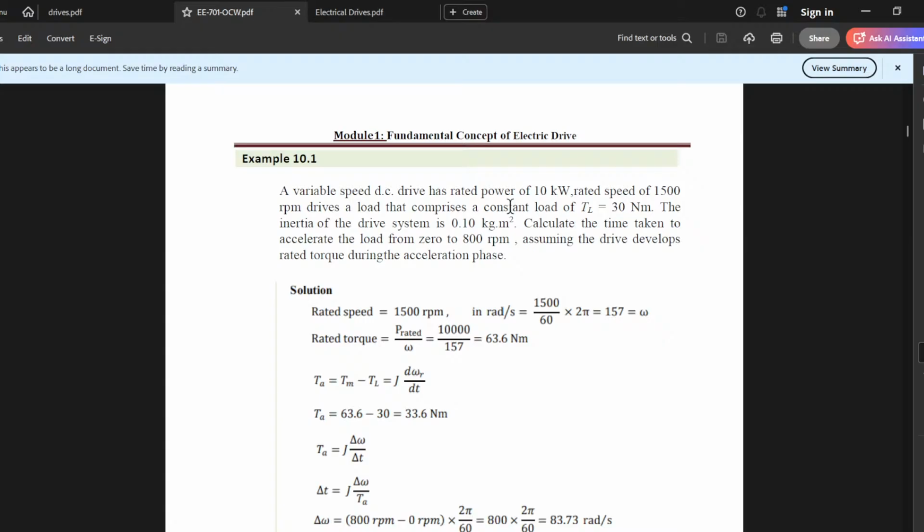And this is transient. If it's 0 to 800 and the rated is 1500, so it's not in the steady state. It is in transient.